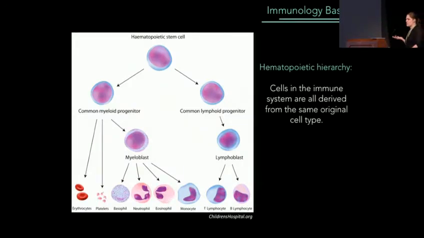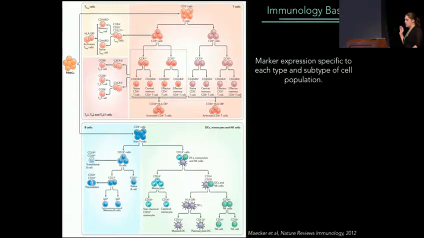Really it starts with your immune system. Your immune system is a bunch of different cell populations that are derived from a hematopoietic stem cell. All of the cell populations differ from one another on a lot of things, but what immunologists look at to define those populations is the markers that they express at their surface. Those are proteins that are expressed at the surface.